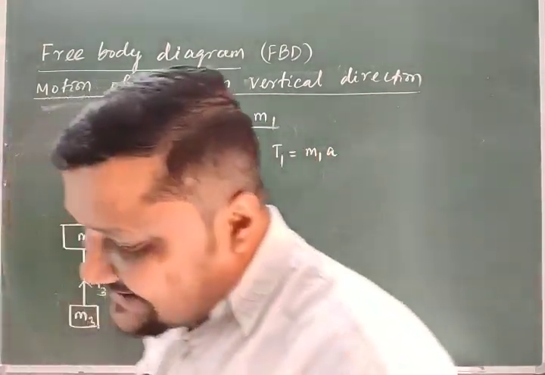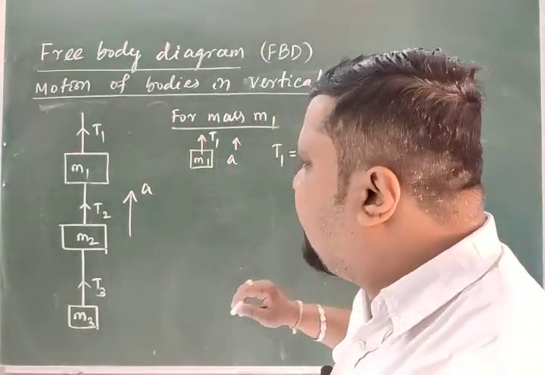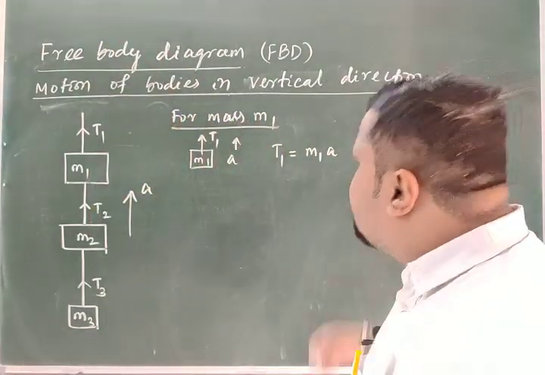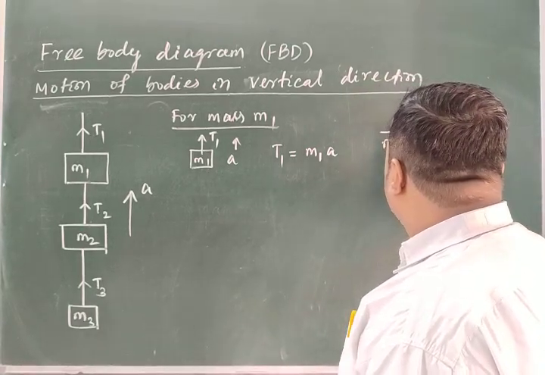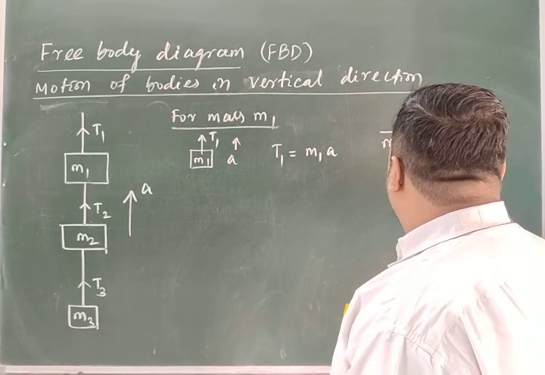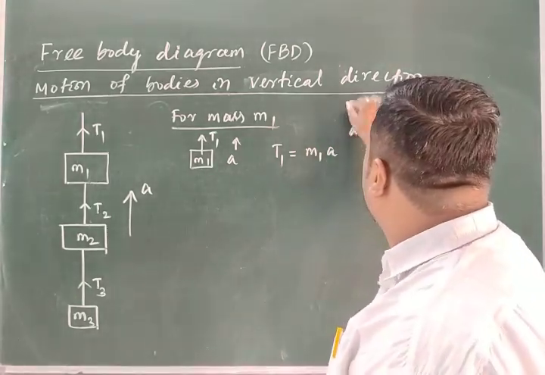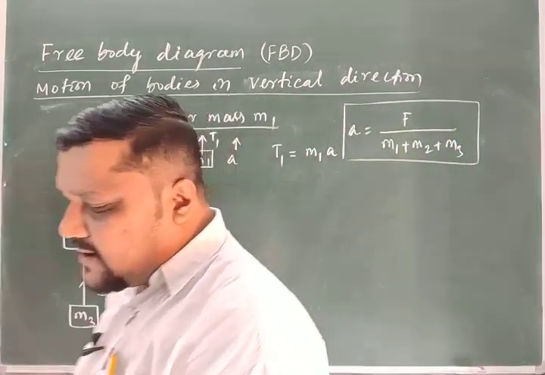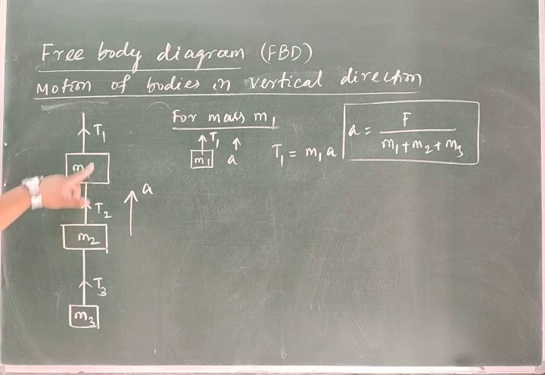To calculate the acceleration of the whole system, if a force F is applied along this direction, this force is applied on the 3 masses M1 plus M2 plus M3, and T1, T2, T3 are the internal forces, so the acceleration must be equal to the applied force by M1 plus M2 plus M3. That is your obvious thing. But next you will find out this tension T1.